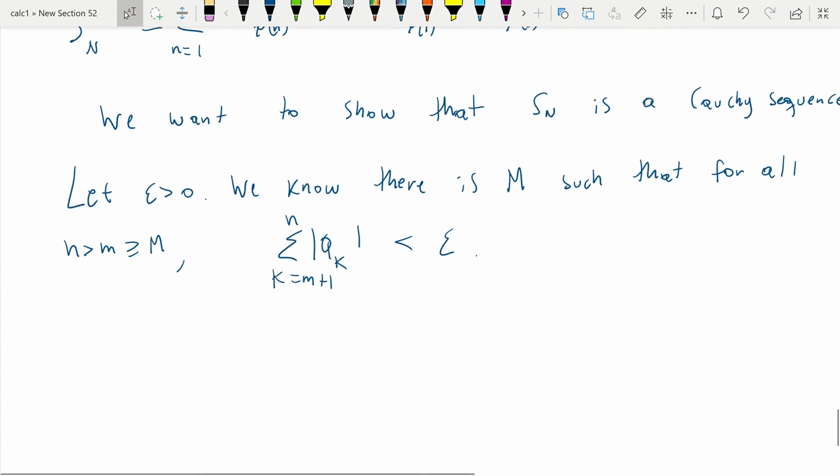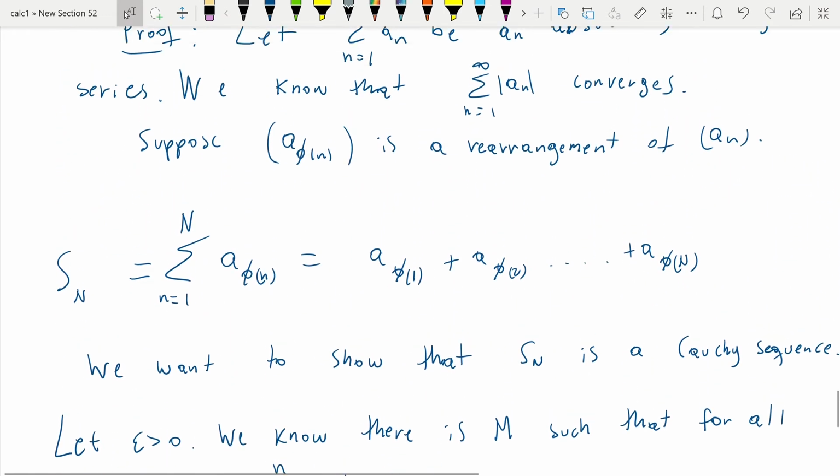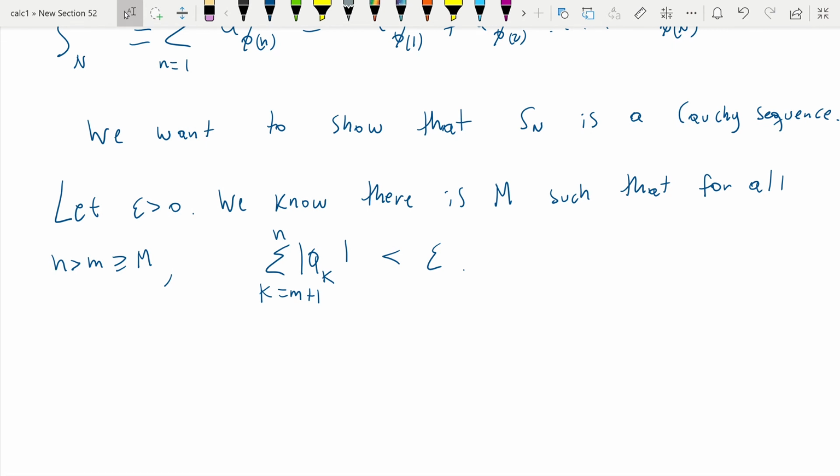So what is the idea now? So suppose the sum of the a_k's, k equals 1 to infinity, is some number L. We know that this series converges.